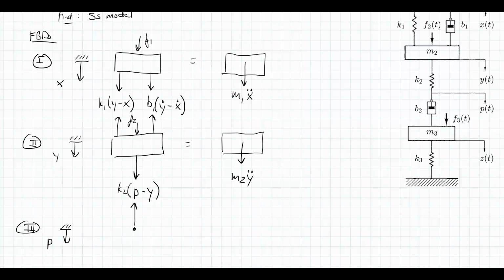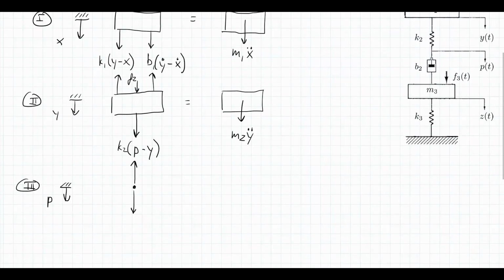Again, we already have it labeled K2 times P minus Y, and then a downward force that we're going to see from the damper, and that is going to be B2 times the quantity of, here a positive Z dot, so a Z velocity down, we'll put it into tension, or a negative P dot. And then this is a node, so we are going to treat it as though it has negligible mass, which means it has no inertia, so nothing is happening on the right-hand side.